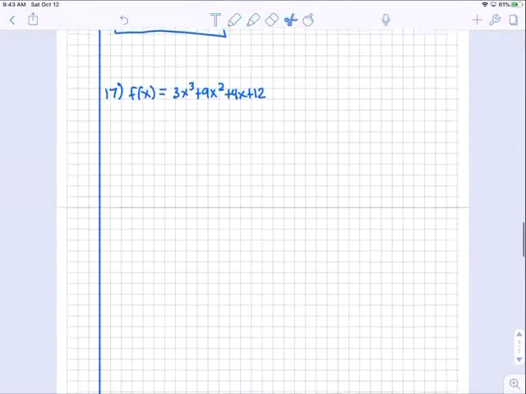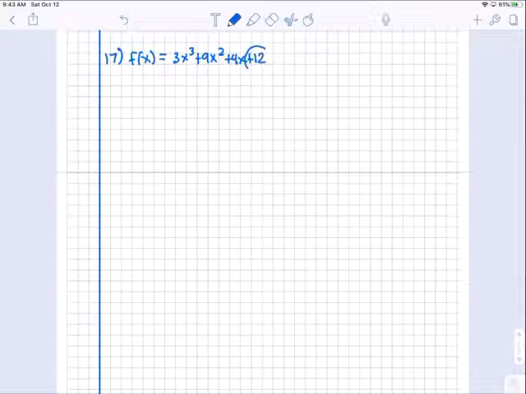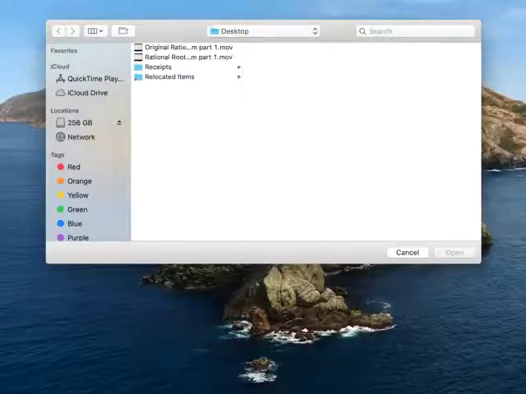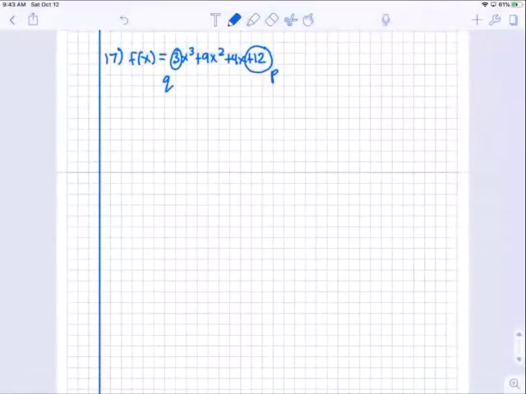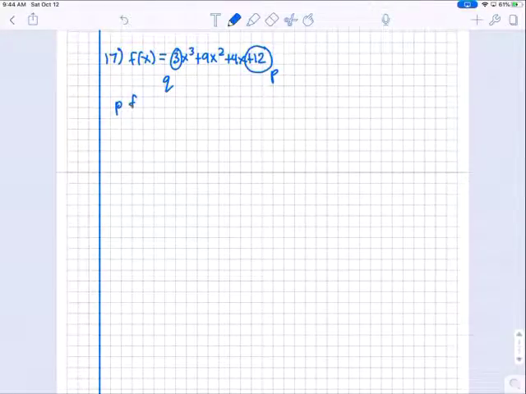So, this one is your P, and this one is your Q. I don't know why it always cancels out, but there's your P, and that one's your Q. Your P factors are going to be plus or minus 1 and 12, plus or minus 2 and 6, and plus or minus 3 and 4.